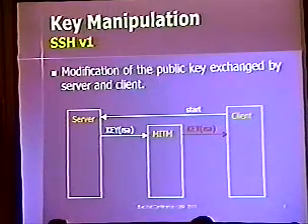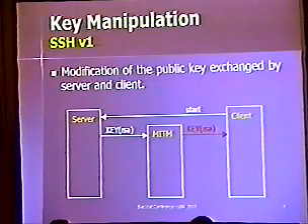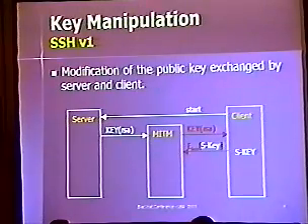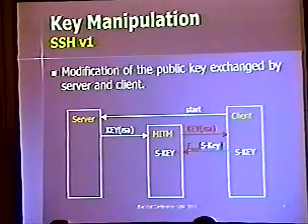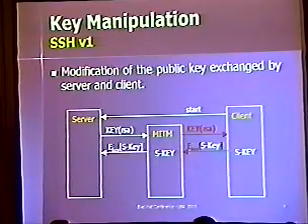The client generates the session key, a random number, and encrypts this number with the fake public key provided by the man in the middle. The man in the middle obviously can decrypt the packet and re-encrypt the session key with the real public key of the server and forward the packet to the server.